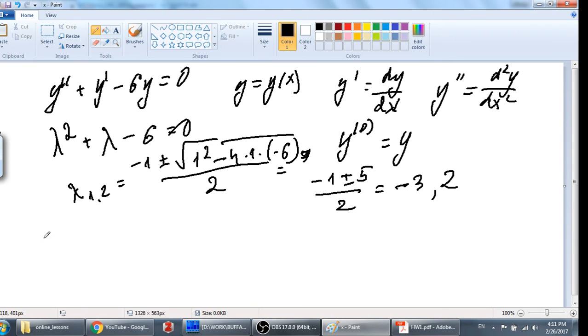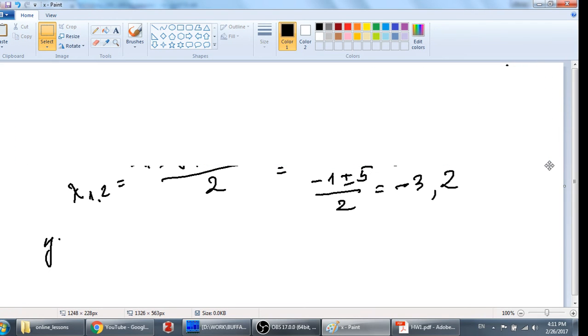So the general solution will be, okay, actually let me do this. I found this solution, so I will erase it here.